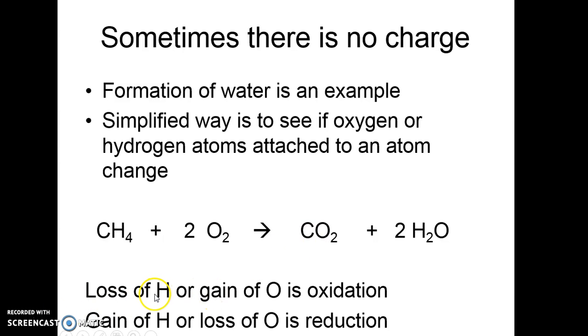So anytime you have the loss of hydrogen or the gain of oxygen, you have oxidation occurring there. So the carbon was oxidized. If I look at the oxygen going from here to here, you can see that the oxygen gained hydrogen. So the oxygen was reduced.